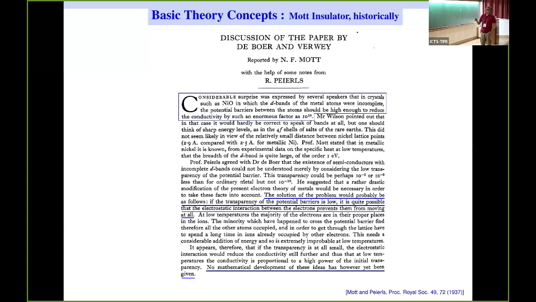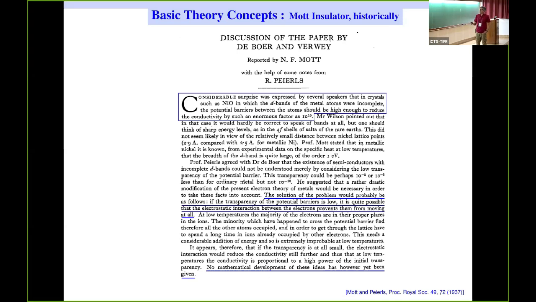There was this finding of de Boer and Verwey that in nickel oxide there is a huge gap of 4 eV, which is not understandable from simple band theory. The solution they came up with, mainly Peierls, is just what we said in other words: if the so-called transparency, which is the T, so if you have ever wondered where the label T comes from, it is this transparency for electrons to move from site to site.